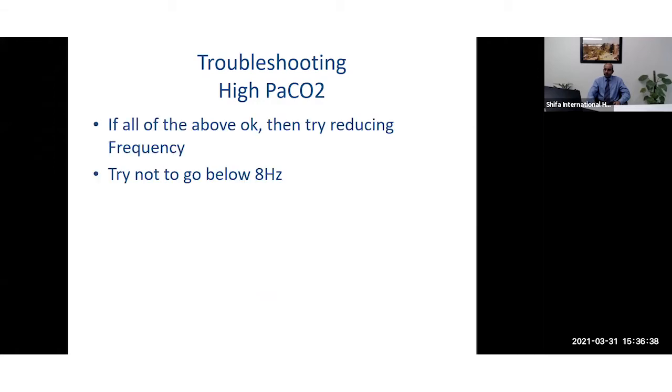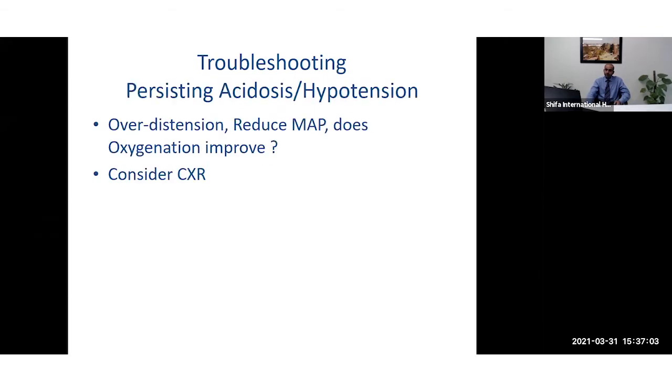And if all of the above things we have checked, we have optimized the delta P, and the lung is well inflated, then we can think about reducing the frequency. Generally, we don't tend to go below 8, but in exceptional situations, we can go down to 7 or 5. But most people will not go below 8 on the frequency.